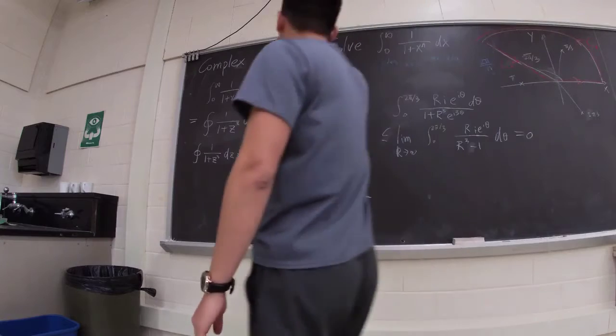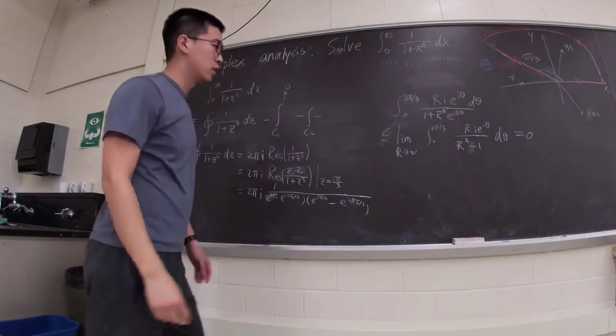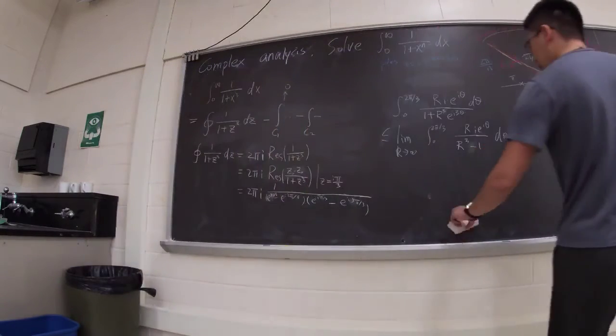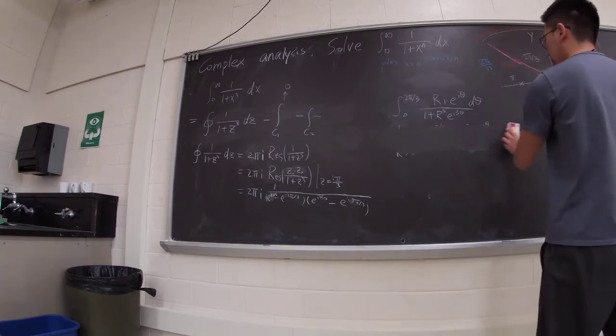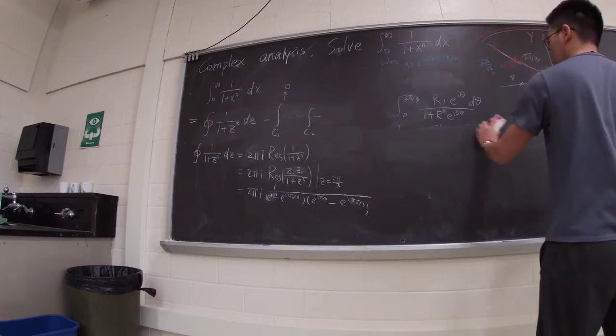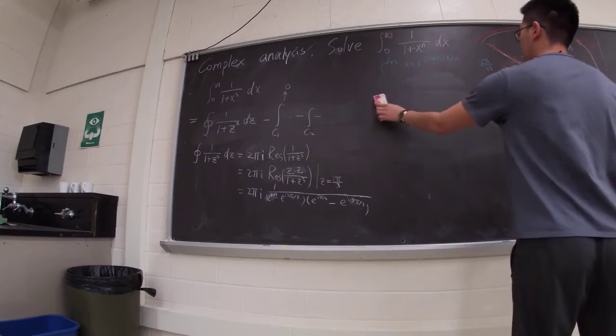So this is done, equal to 0. Not surprised. This is type 1, which I will talk about in the general solving problem.